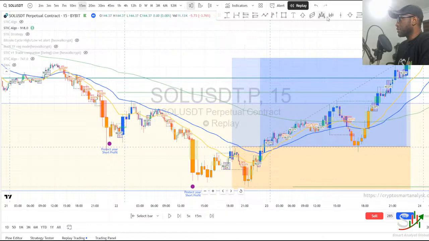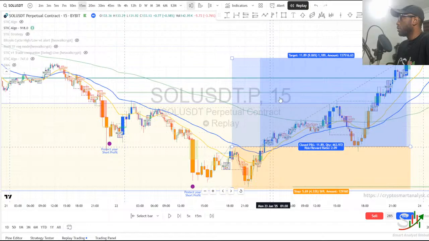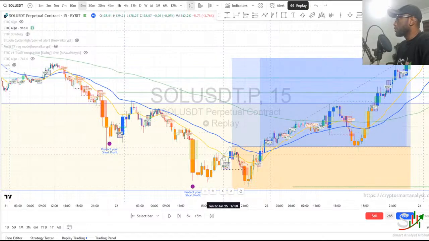This was it. Where's the part? When the liquidity gets swept, the market changed character. This was it. Let me change this to green so it can be obvious to see.